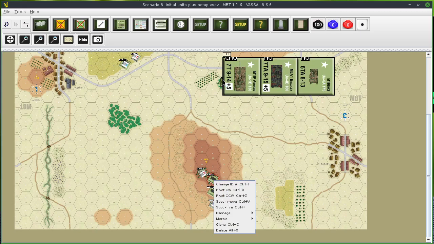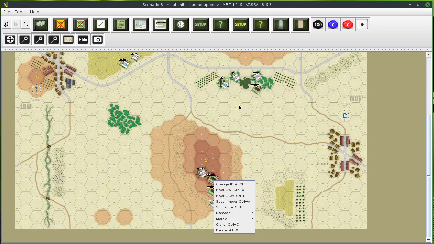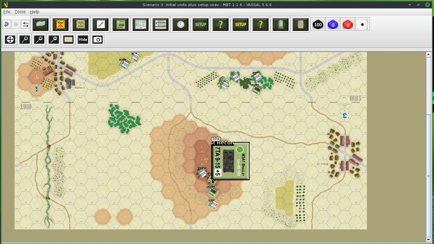And my headquarters vehicle, hull down. And I can have these units trying to find hull down. I guess that's the way to go over here. I can point that in that direction.